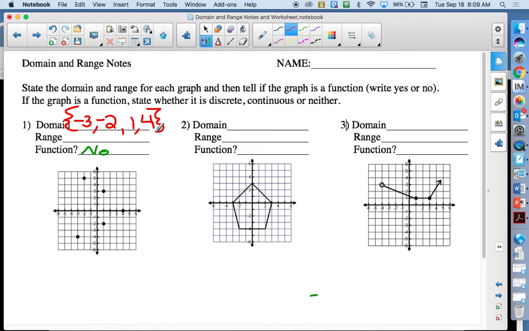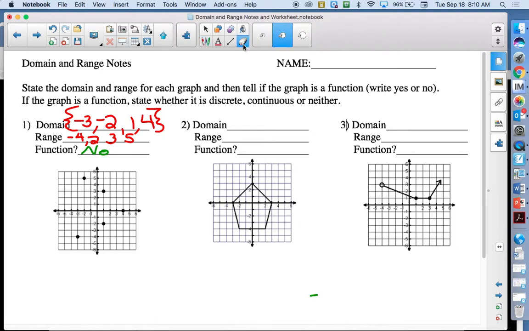Now let's look at the range. The range would be all the y values. So again, try and list them from least to greatest, from what they start on the bottom to where they move vertically. Brock, what do you think for the range? -4, 5, 3, -2, and 0.